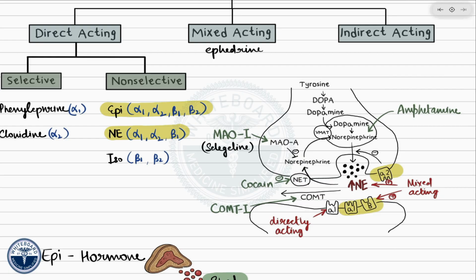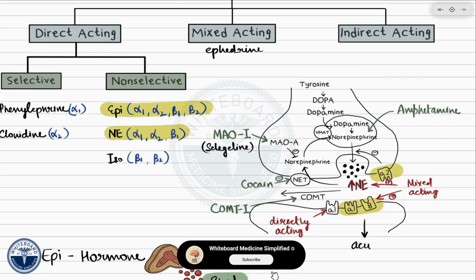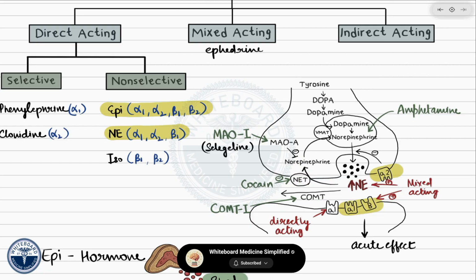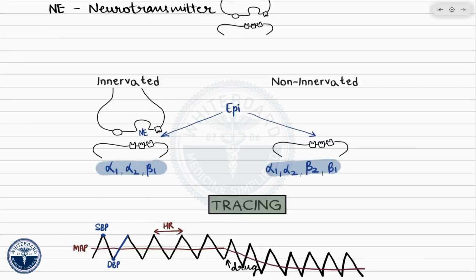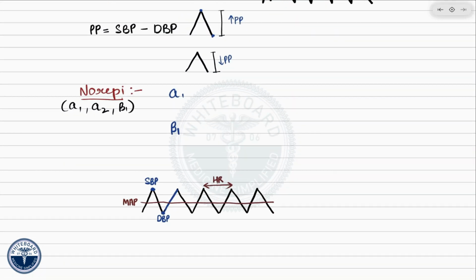Therefore, when alpha-1 and beta-1 receptors are stimulated, they produce immediate and direct effects on the organ, such as vasoconstriction and increased cardiac activity. In contrast, alpha-2 receptors mainly regulate neurotransmitter release from the nerve terminal rather than producing major acute direct effects on the blood vessels or heart. That's why the changes we see on the tracing are largely due to alpha-1 and beta-1 receptor stimulation.